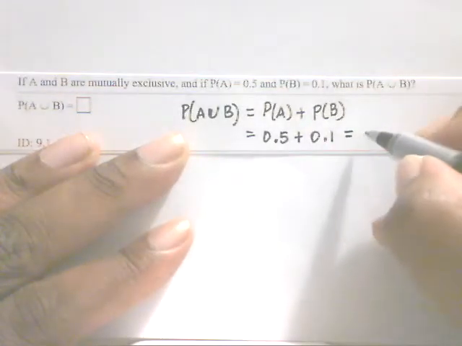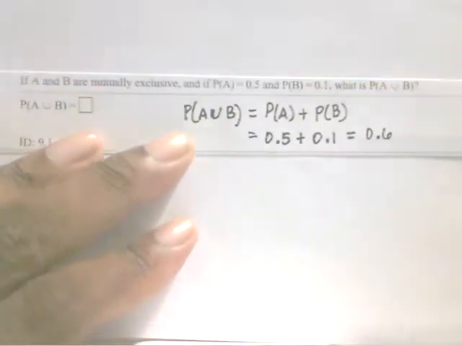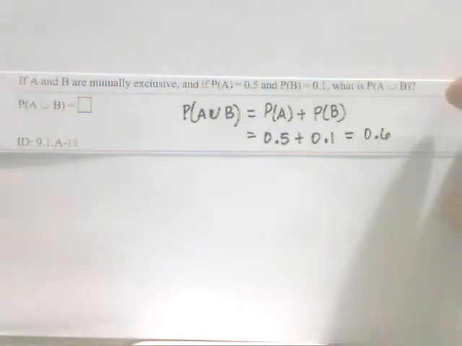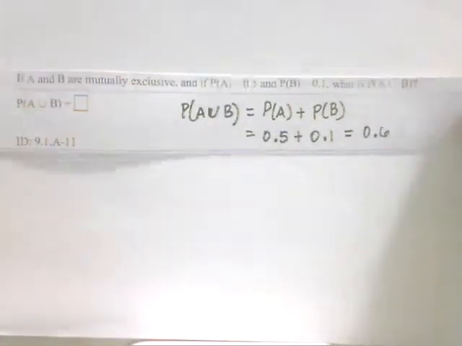If you add 0.5 to 0.1, you're going to get 0.6. So 0.6 will represent the probability of event A or event B. Okay, next problem.